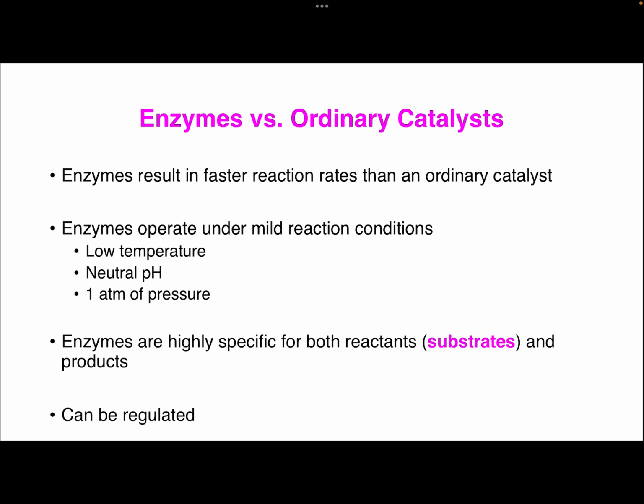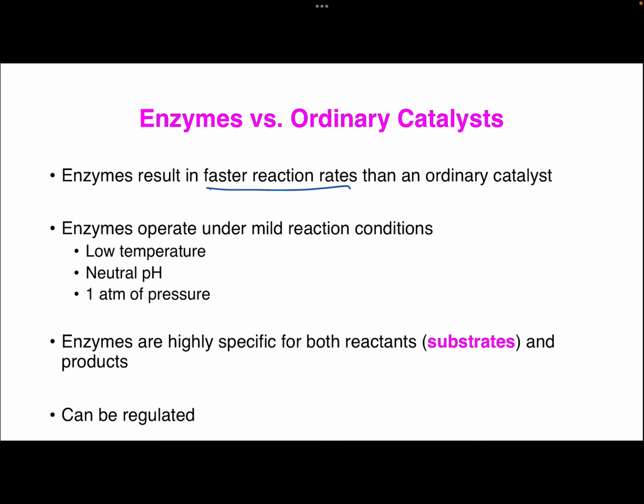But there are some really important differences between biological catalysts, enzymes, and normal chemical catalysts. The first one is that enzymes result in faster reaction rates than an ordinary catalyst.